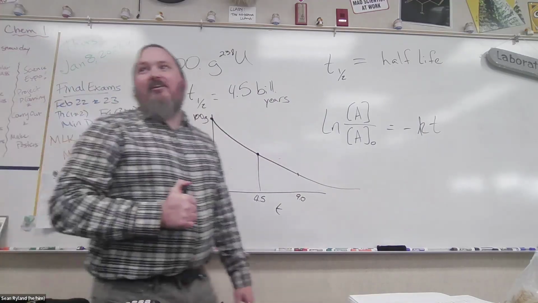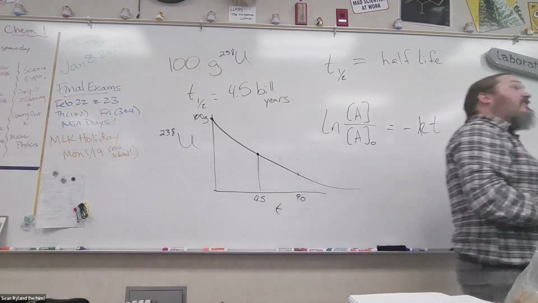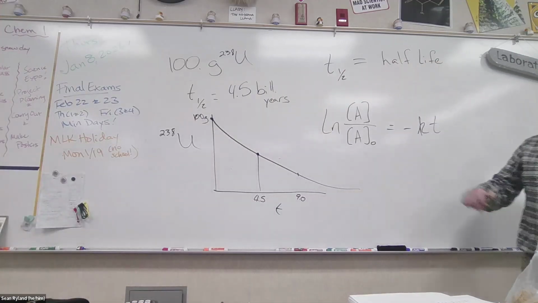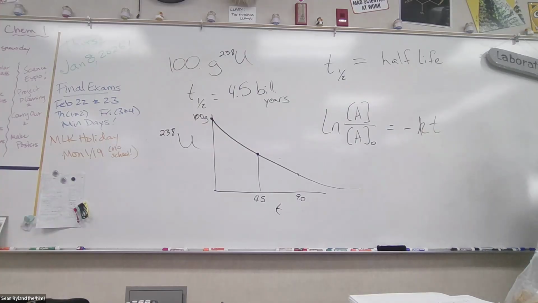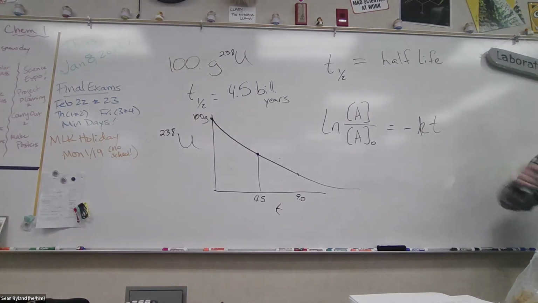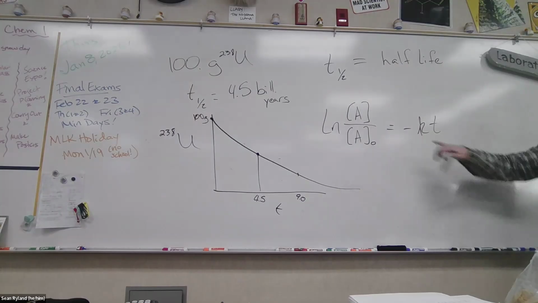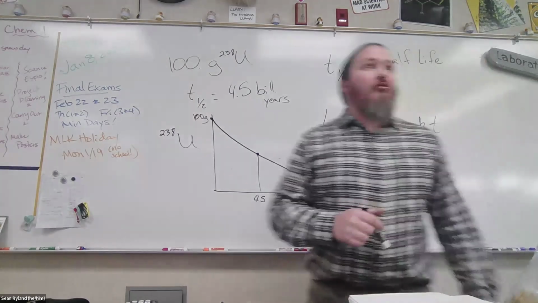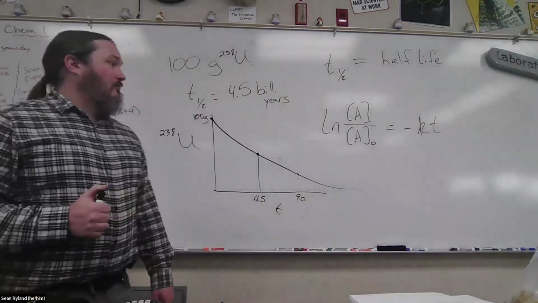Exponential decay, decrease, so the opposite of exponential growth. Basically, because of that negative sign there, we're talking about something decreasing. If we were talking about something increasing, this would be a positive number, and then you'd get exponential growth instead of exponential decay.